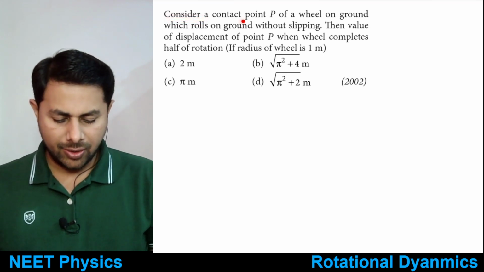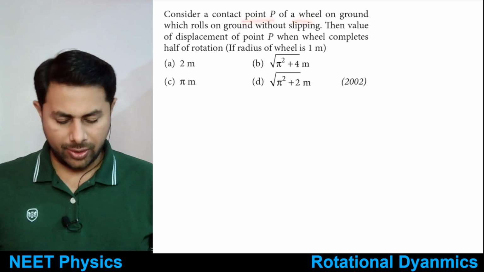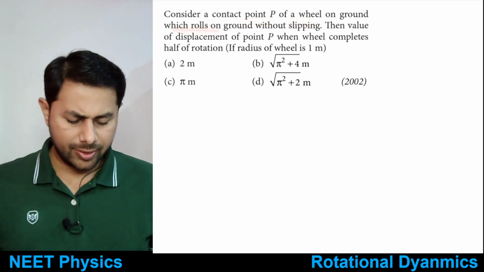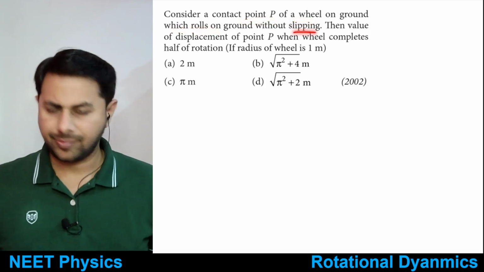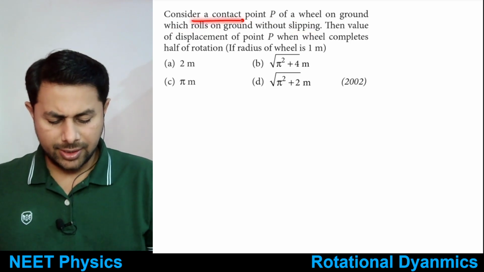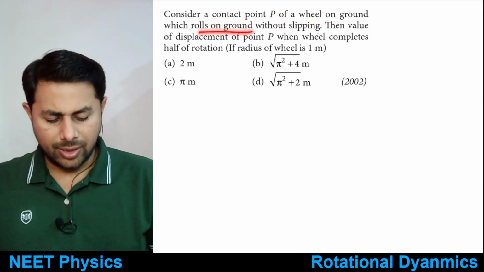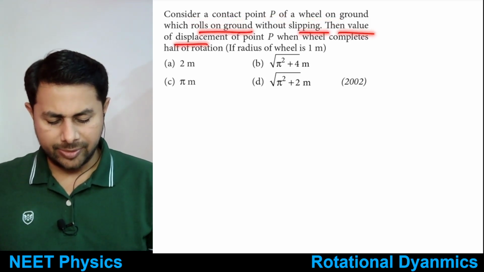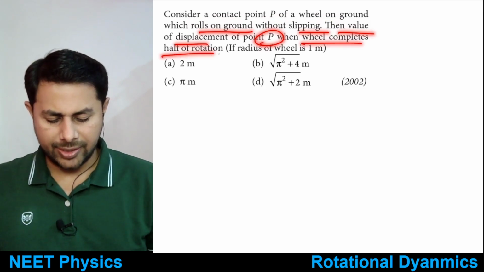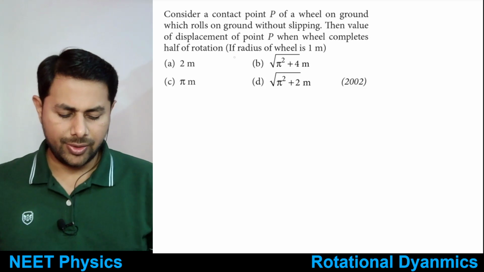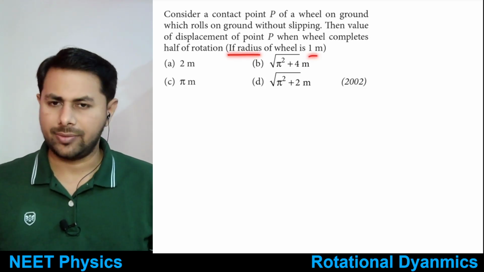Consider a contact point P of a wheel which rolls on the ground without slipping, right? Then what is the displacement of point P when the wheel completes half rotation, if the radius of the wheel is 1 meter?